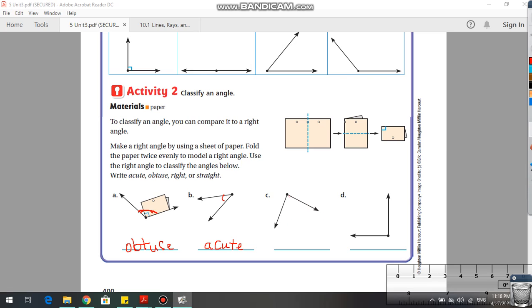Here it's not 90, it's not a right angle, guys. If I use the paper, the right angle is going to be like this. So this one is smaller than the right angle, so it's going to be an acute angle. Now I have a corner of the square, or I have the letter L. So I have here a right angle.